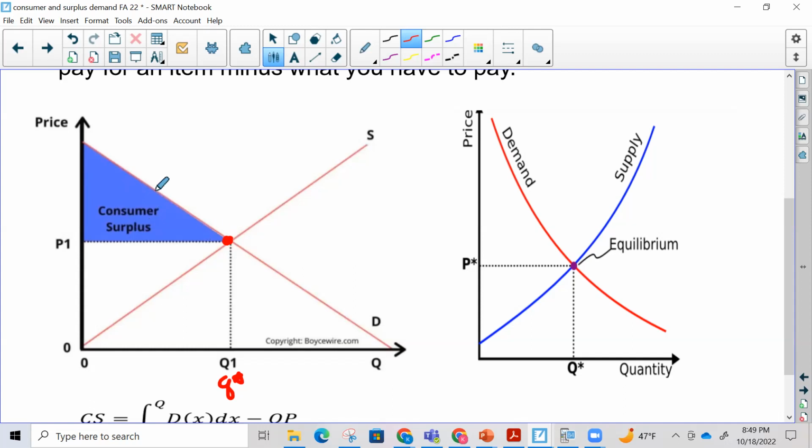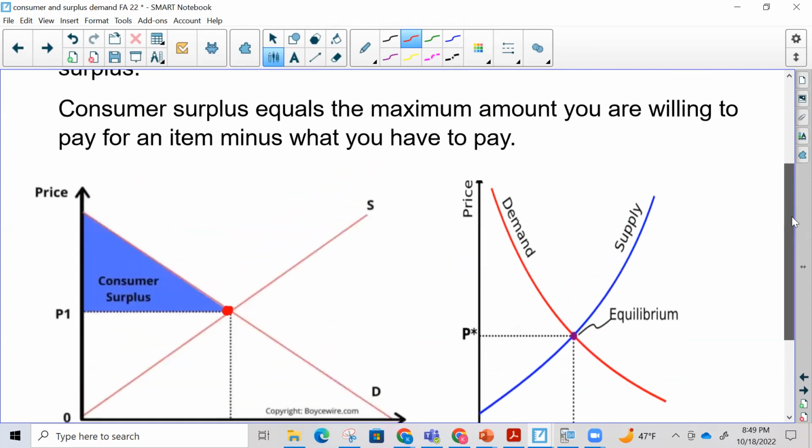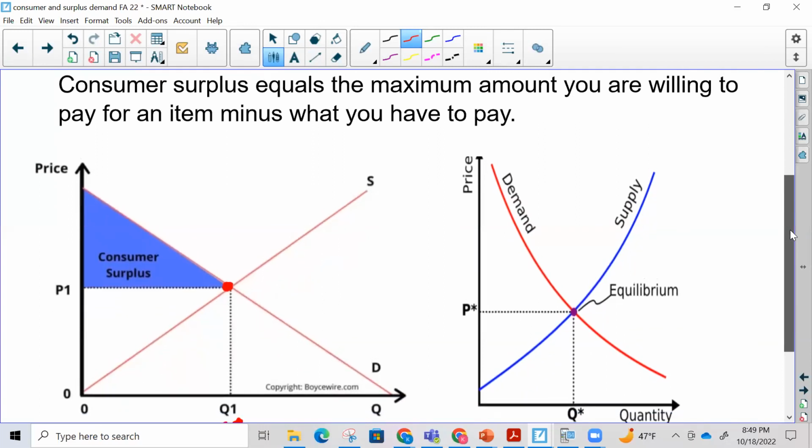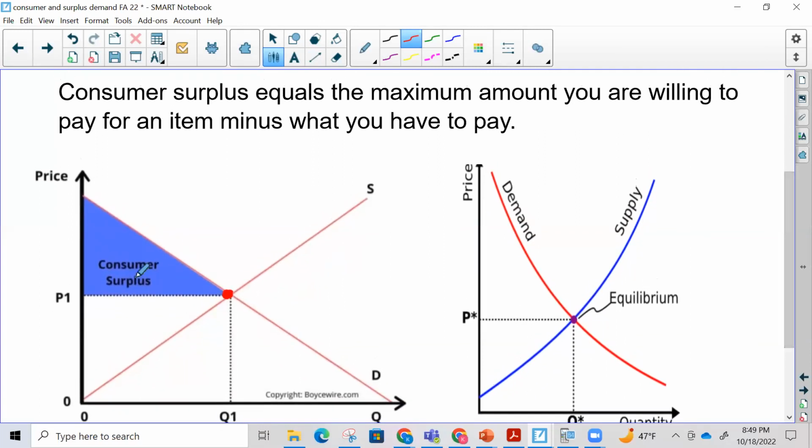So this area in blue is the consumer surplus. That's the maximum amount consumers are willing to pay for an item minus what they actually will pay.